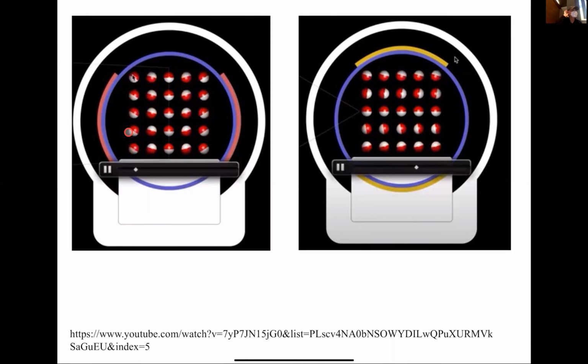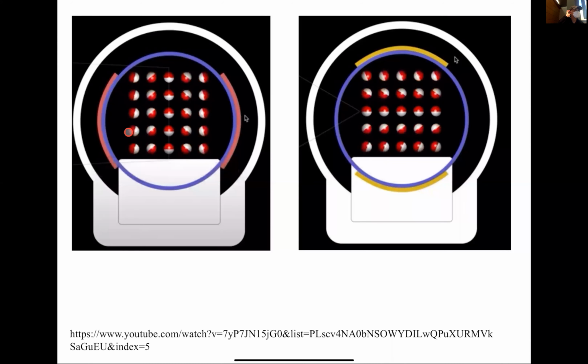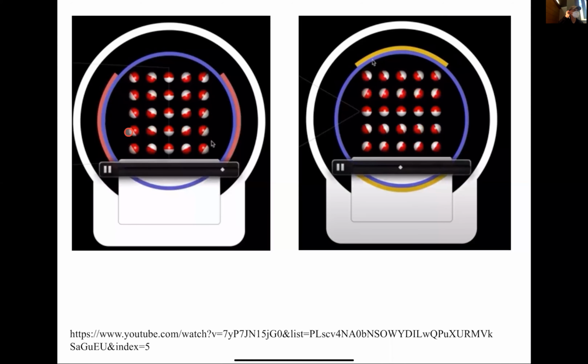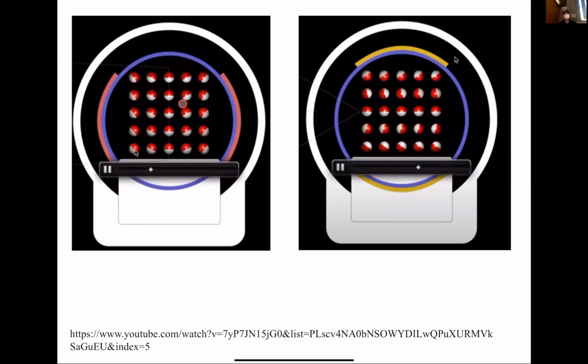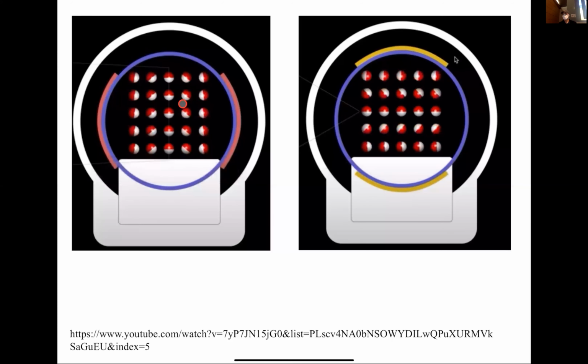Sorry, can you say that louder? Yeah, what I'm saying is, with reference to the spins in the middle, are these spins precessing faster or are these spins precessing faster? The reference frame is the column in the middle.